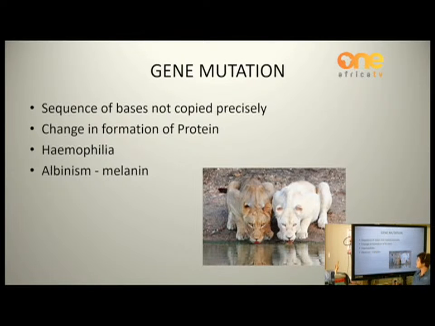Or albinism, where melanin, the part in the skin that causes the color of the skin, that brings color to the skin, but also protects the skin against the UV light, is not present. And then we have albinism, like we can see in this line.